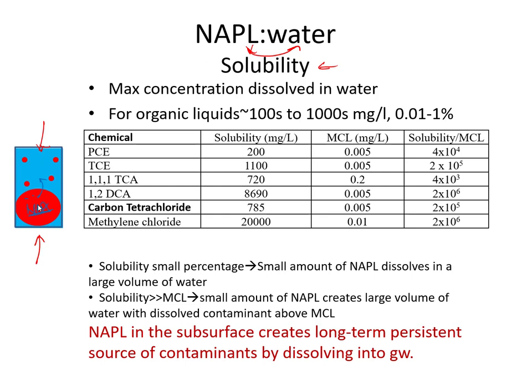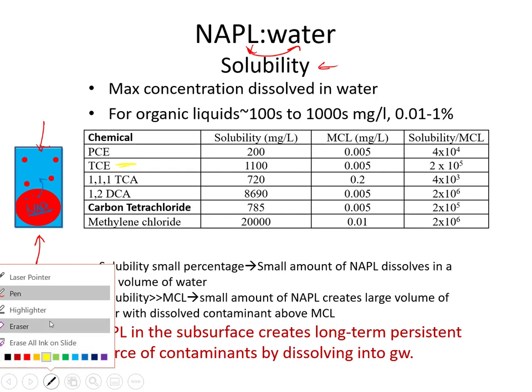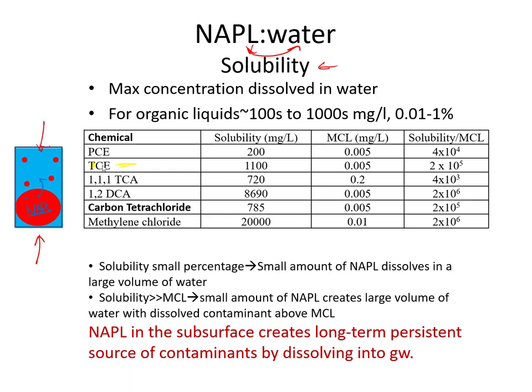And so this is called the solubility. I listed in this table the solubility of some different organic compounds. So here's TC, a very common chlorinated solvent, and here's the solubility of TC in milligrams per liter.